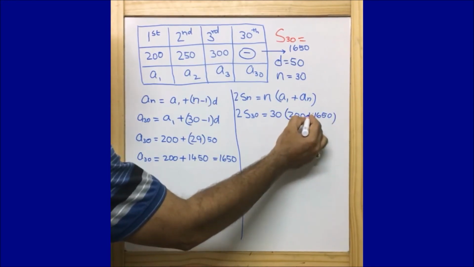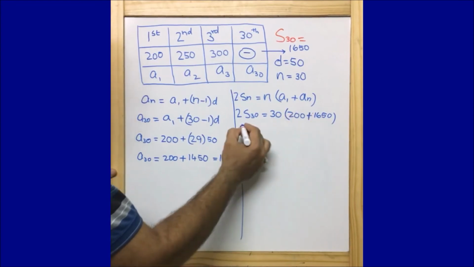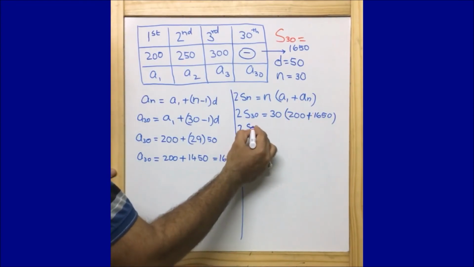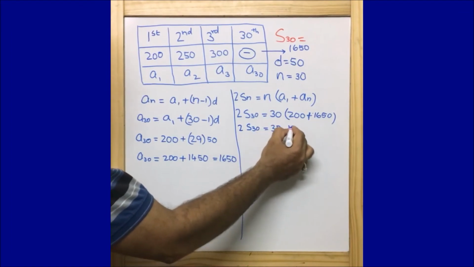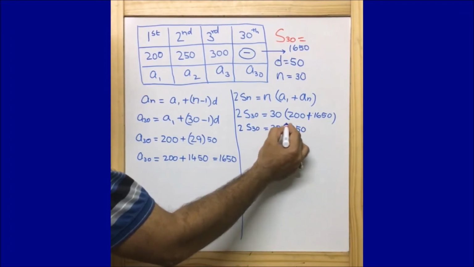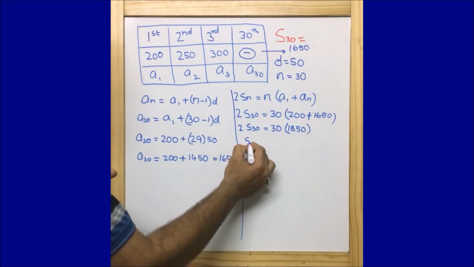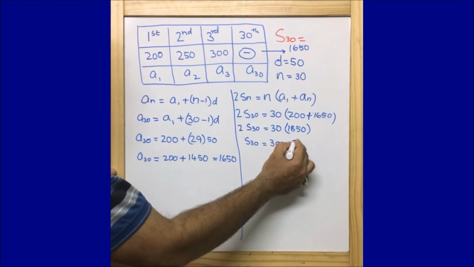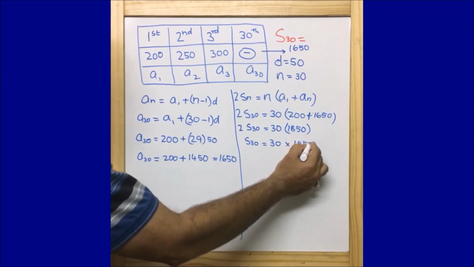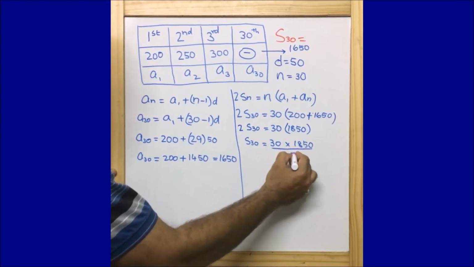Or 2S30 is equal to 30 into 1850, or S30 is equal to 30 into 1850 divided by 2.